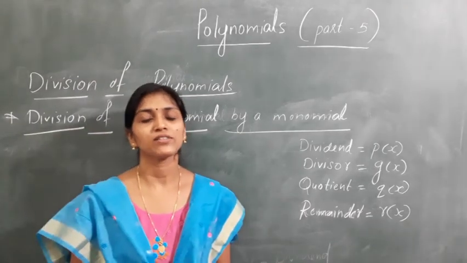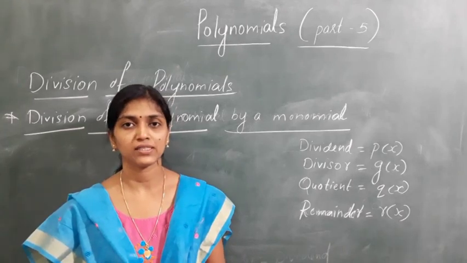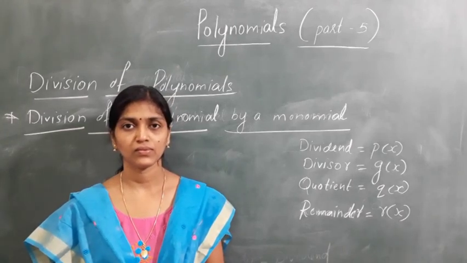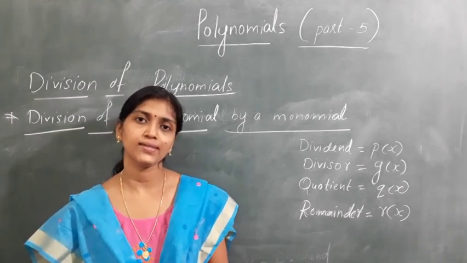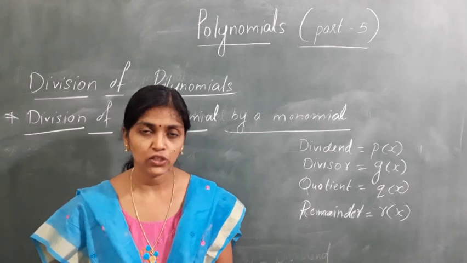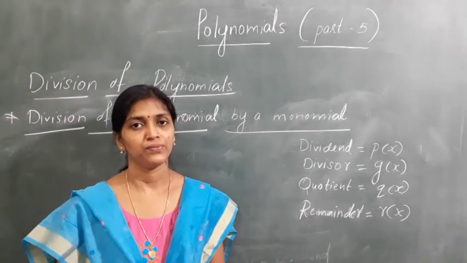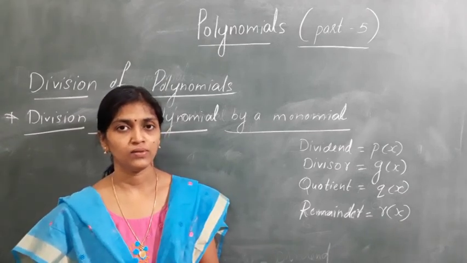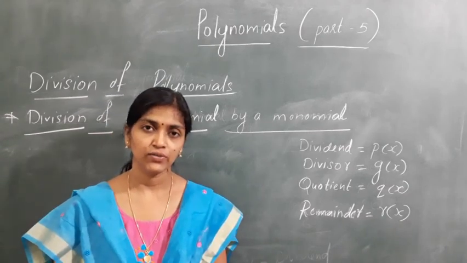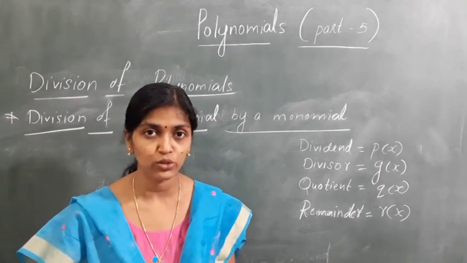So what all have we studied in this section? We have studied the division of polynomials, that is division of a polynomial by a monomial. And also we have seen the division rule. You have seen the division taking place completely, where you are getting remainder as 0.